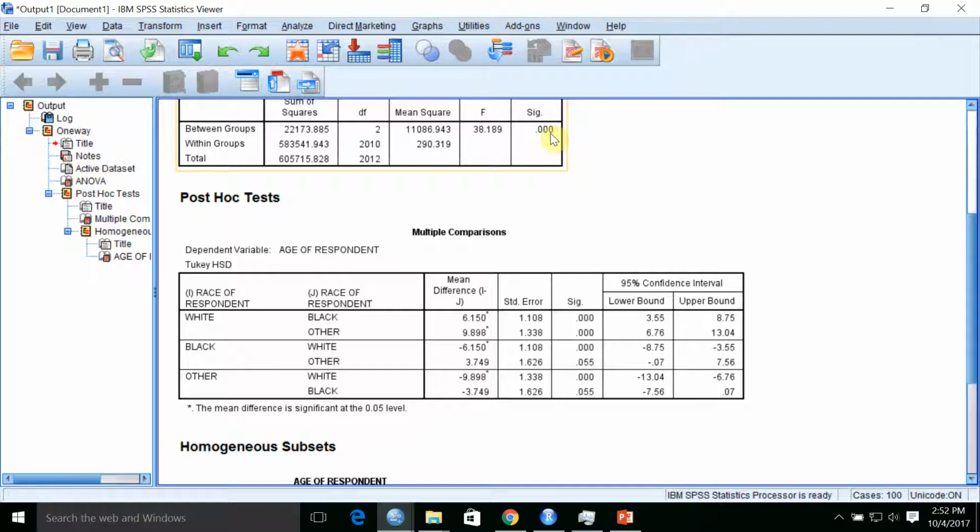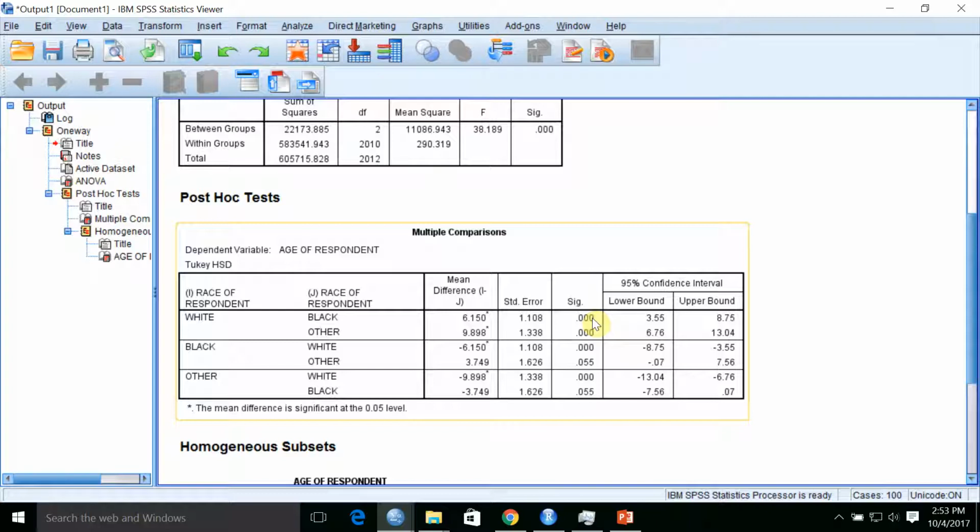So when we go back down and look at the post hoc test, we can see that when it comes to significance, the difference between white and black is significant at less than 0.05, and the difference between white and other is less than 0.05.